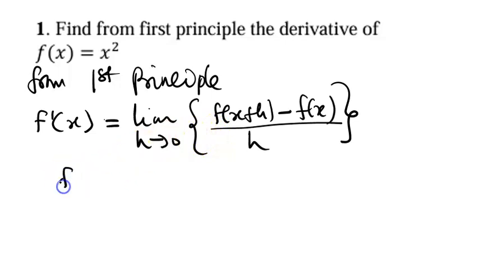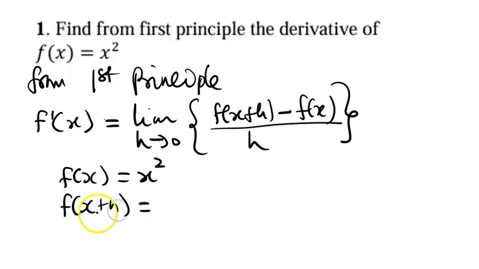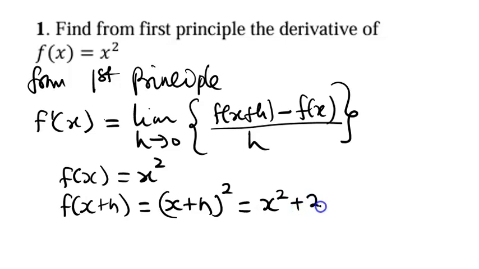So we know our f of x to be x squared. So we find f of x plus h. What it means is that we replace x by x plus h. So x plus h all squared. We can then expand. So when we expand, we have x squared plus 2xh plus h squared.